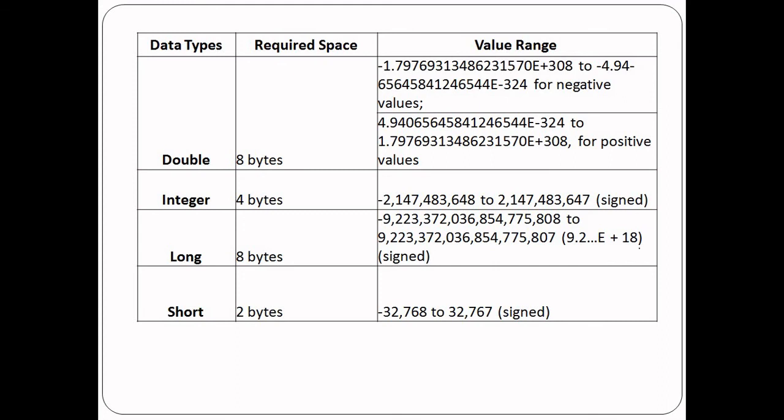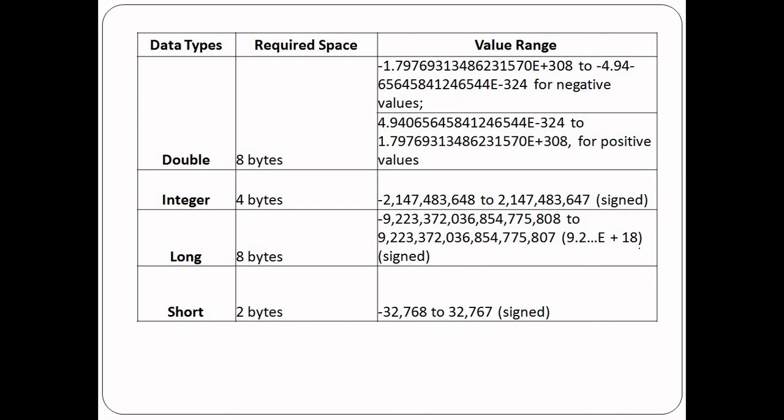We have integer available here as well. In VB.NET we have integer data type. Memory size of it is 4 bytes, and we can store 214 crores 74 lakh 83,648 on negative side, and on positive side the maximum number we can have is 214 crores 74 lakh 83,647, a signed integer, which means we can have negative as well as non-negative numbers.